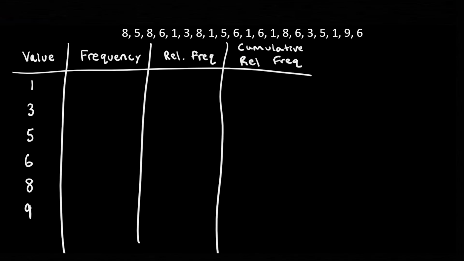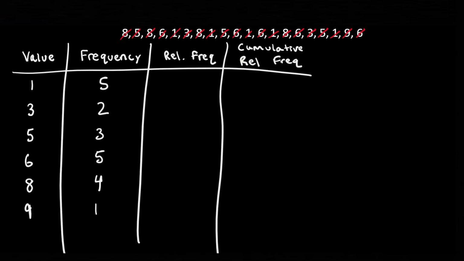For the value 1, it appears 1, 2, 3, 4, 5 times. 3 appears 1, 2 times. 5 appears 1, 2, 3 times. 6 appears 1, 2, 3, 4, 5 times. 8 appears 1, 2, 3, 4 times. And 9 appears 1 time.